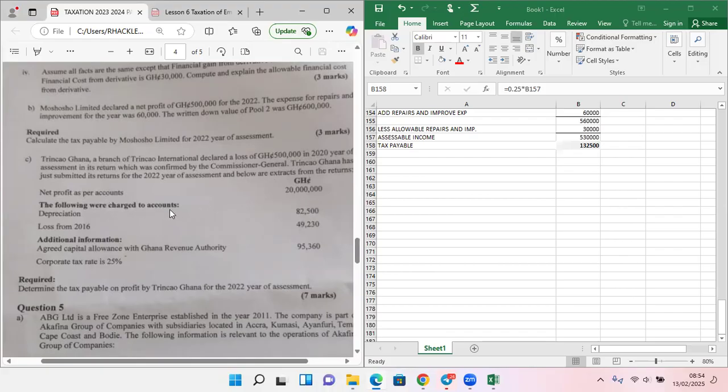The following were charged: depreciation, loss from 2016. Remember, losses are only carried forward for the next 5 years, but in 2022 they charged that loss, so we have to take it out. And then agreed capital allowance with GRA, and then the corporate tax. We are to determine the tax payable on profits by Chicago Ghana in the 2022 year of assessment.